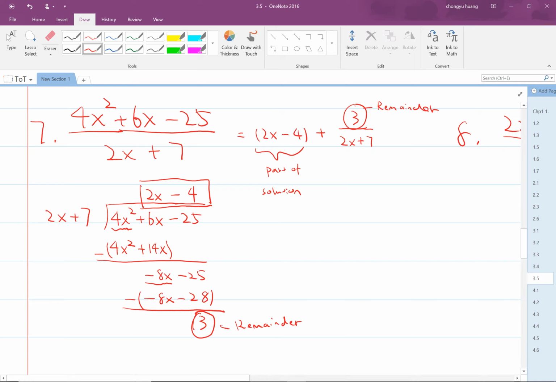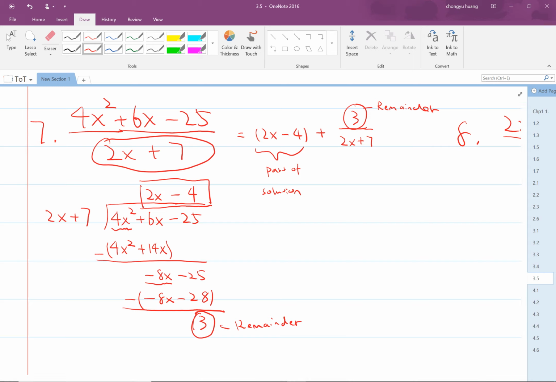If you have a remainder, because here you have a remainder 3, you have to put 3 on the numerator, and then 2x plus 7 on the denominator. 2x plus 7 is actually what we divided, right? So you just write 3 over 2x plus 7, because this is the way you write the remainder.